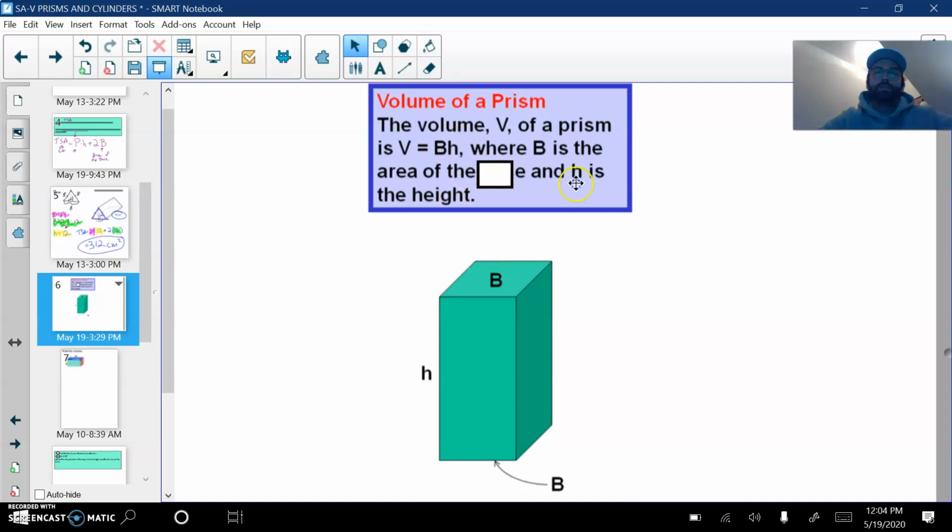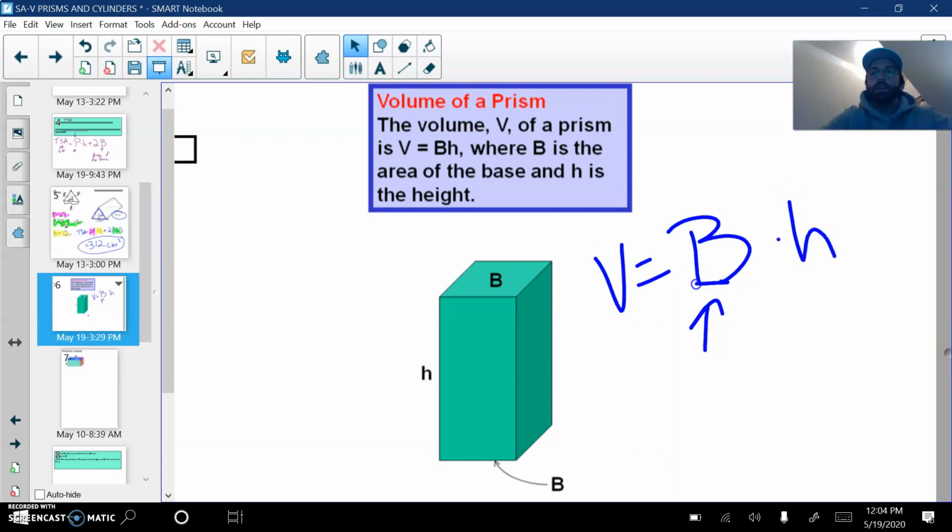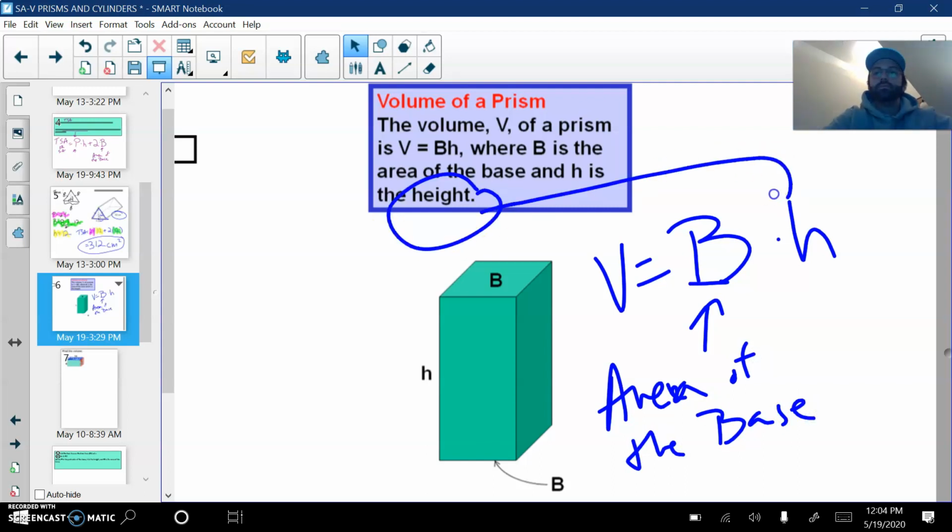The volume of the prism is capital B times H. Remember, B is still the area of the base, and H is the height.